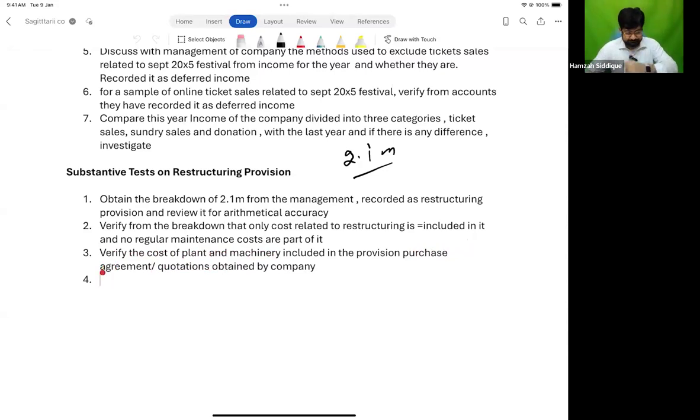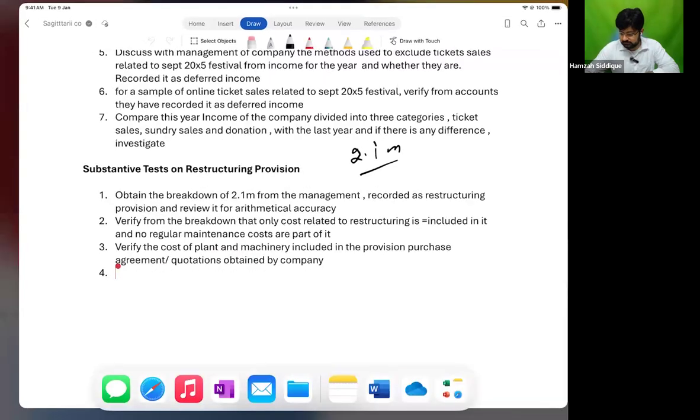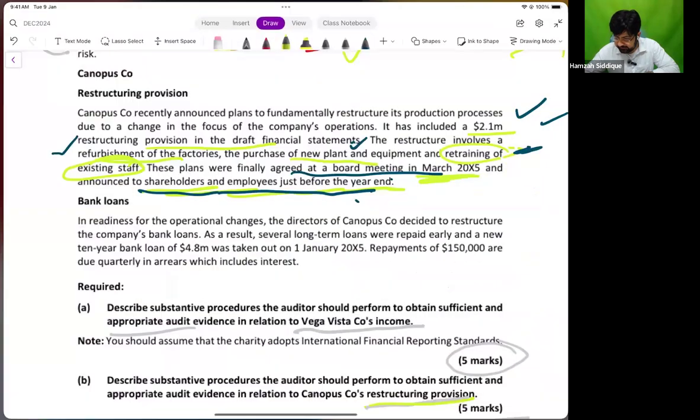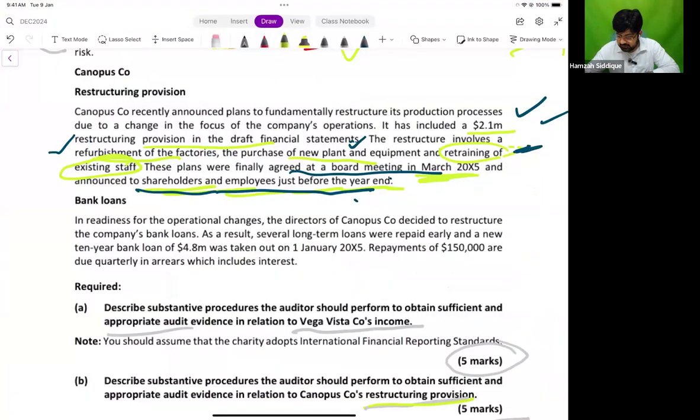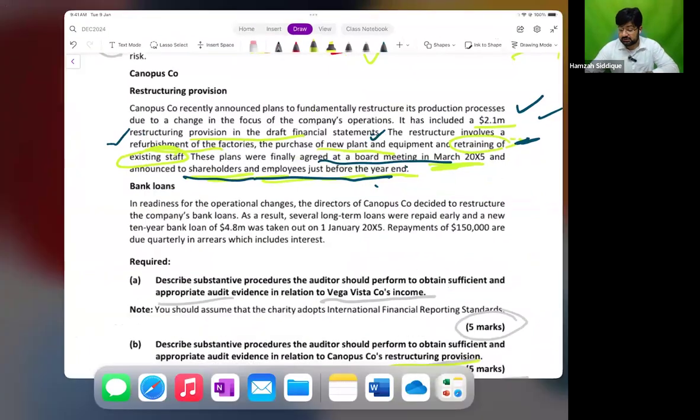So, they say that restructuring involves retraining of staff. This cost should not be included in it.